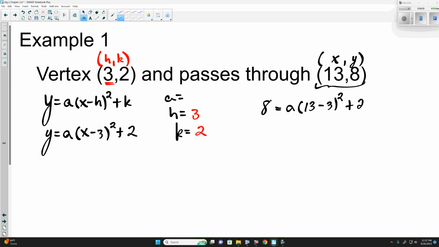Because the point (13, 8) is telling us whenever the x value is 13, the y value is 8.